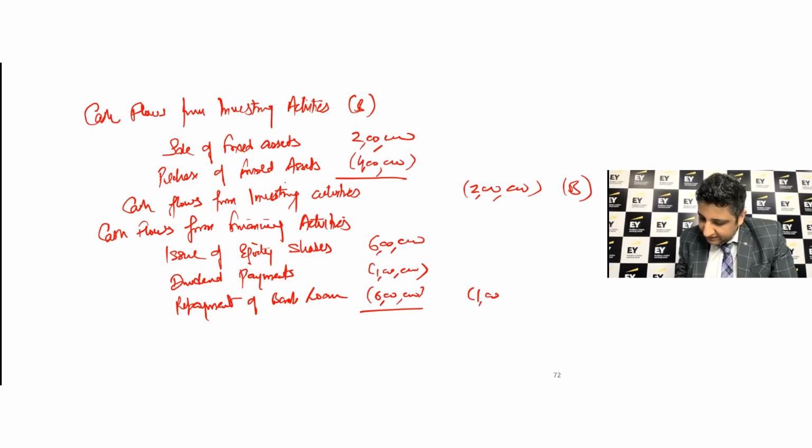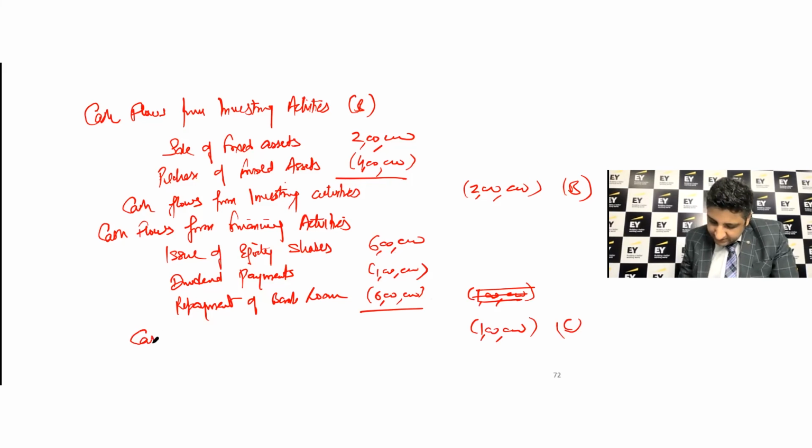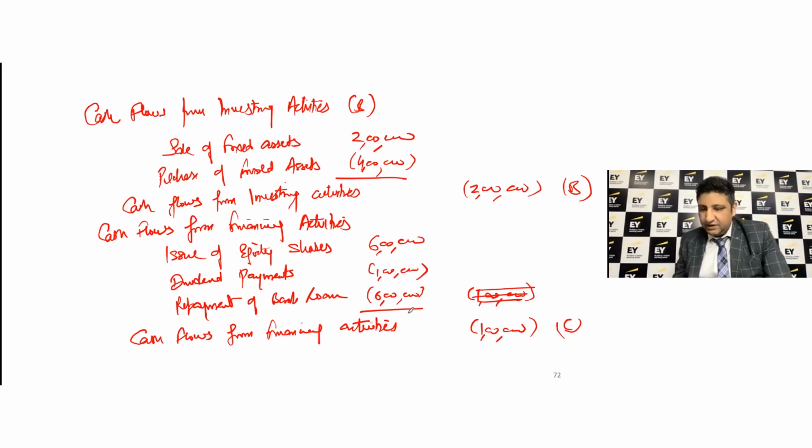So net we have, let's call it C, which is cash flows from financing activities. So what have we got?